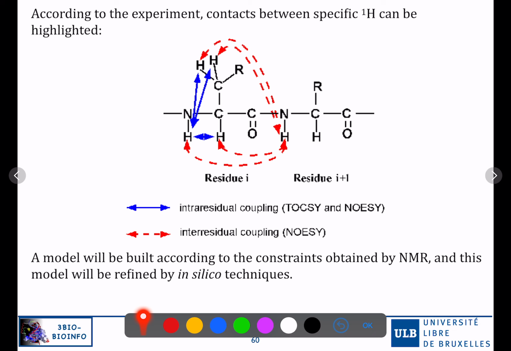And so when you build a 3D model from this list of distance constraints, you have some regions where you have a lower number of constraints. And for this region where you have a lower number of constraints, you could have more 3D structures that are in agreement with these constraints.